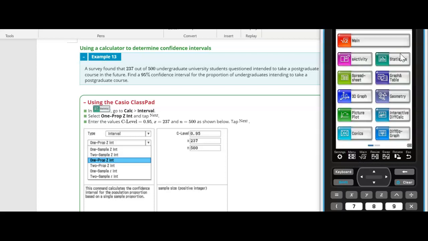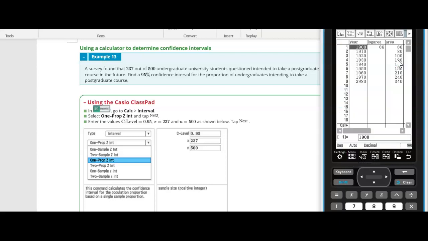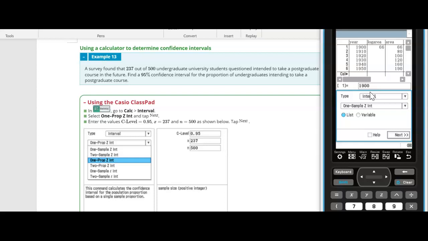We go to menu, statistics. I've got values in there, but I don't think it matters. We've got calculate, interval, and just down the bottom, we want 1-Prop Z. Go to next. I'm going to type in the same values just to make sure we get the same answer. So we've got 95%, x is 237, the number who are planning on doing postgraduate, and 500 students.